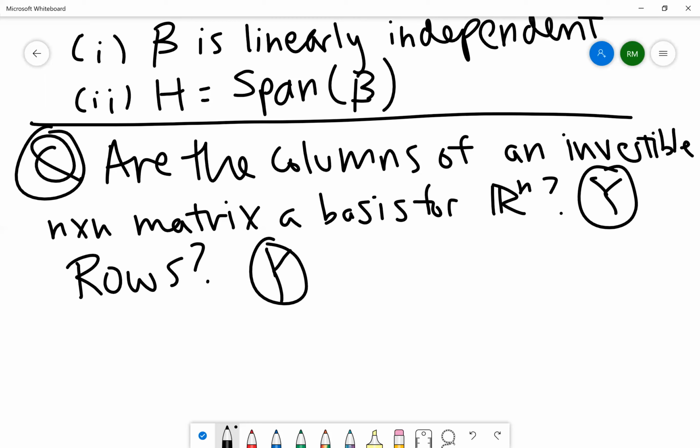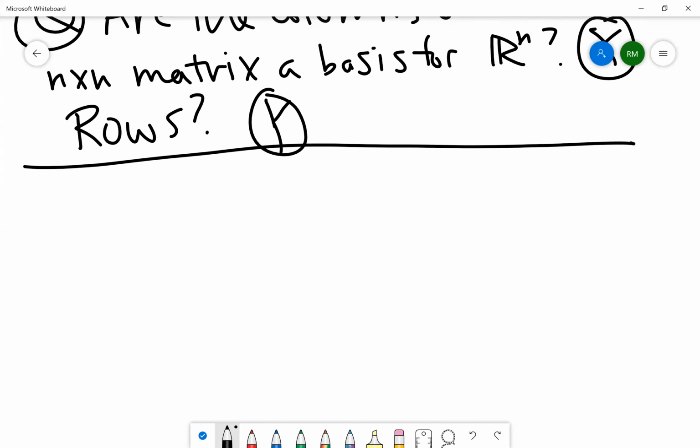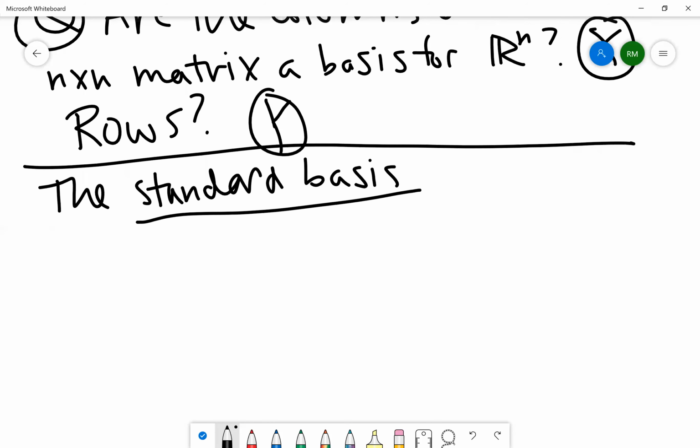All right, so another reminder. Sometimes we look at special bases, and just a reminder, the standard basis is a very special basis. It's your favorite one. The standard basis for Rn is given by these vectors.